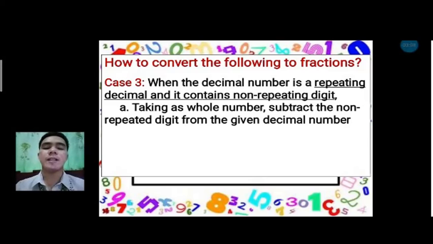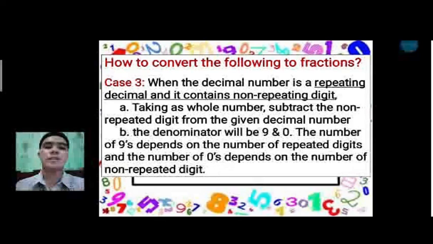So like a while ago, we have 0.1245. We will take 1245 instead of 0.1245. Then we will subtract the non-repeated digits, so we will subtract 12 from 1245.